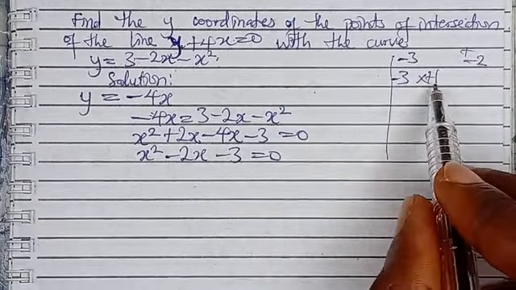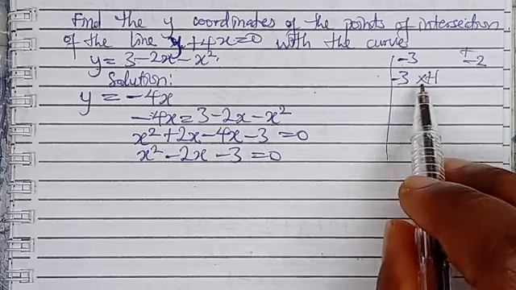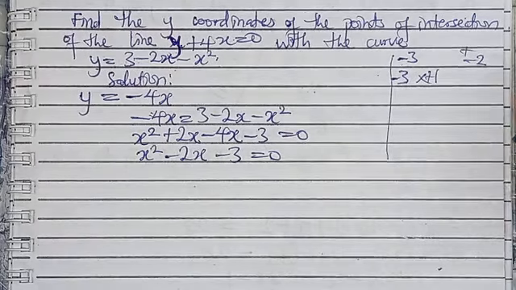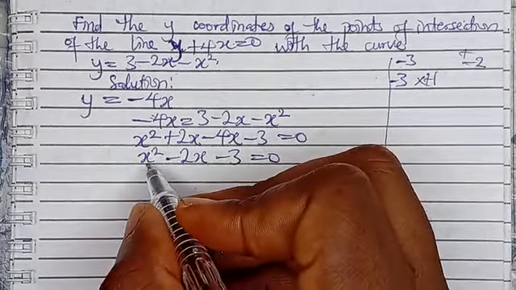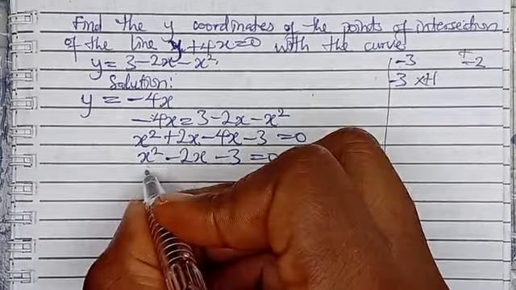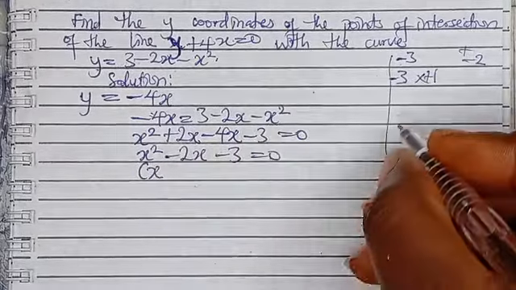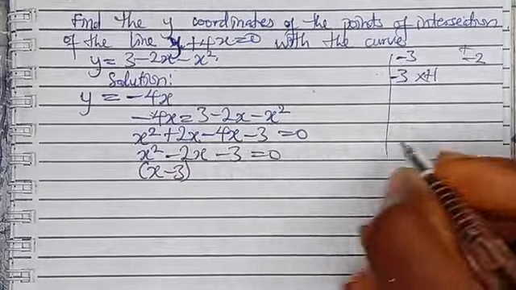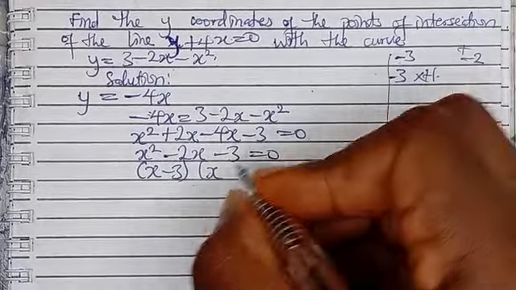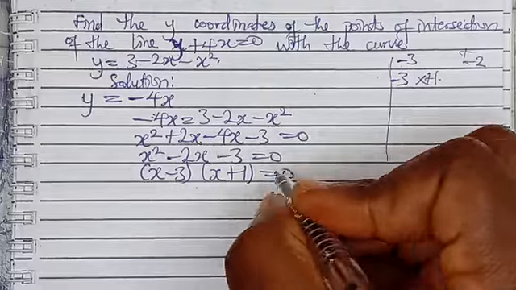So minus 3 times plus 1 is minus 3, and minus 3 plus 1 is minus 2. So it satisfies. The coefficient of x squared is 1, therefore getting the factorized brackets is easy. We just have x minus 3 and then x plus 1 equal to 0.